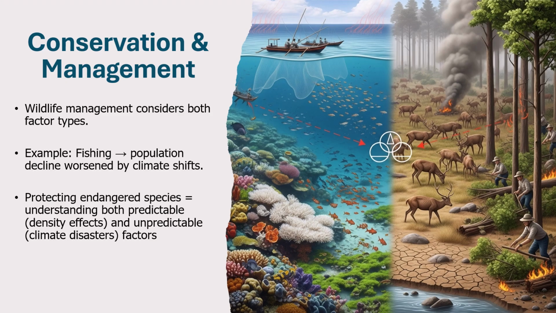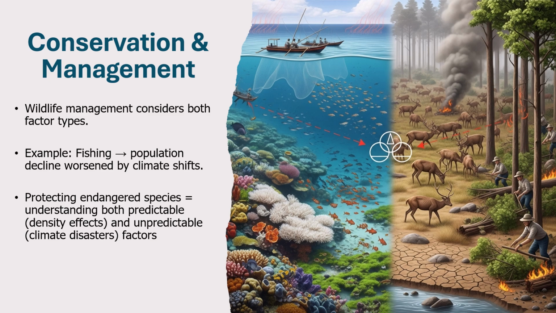Conservation strategies require balancing both factors. For instance, overfishing, a density-dependent issue, combines with warming oceans, a density-independent issue, to stress marine populations. Forest managers track crowded deer herds where competition and parasites reduce herd health, while simultaneously planning for wildfire that could wipe out an entire ecosystem.